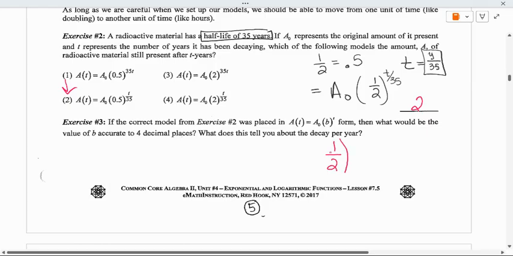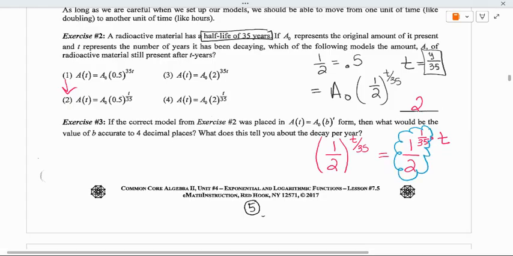So 1/2 to the power of t divided by 35, that's the same thing as saying 1/2 raised to the power of 1/35 times t. So I just need you to figure out 1/2 to the 1/35 power. So take 0.5 and raise it to the power of 1 divided by 35. Tell me what we get.